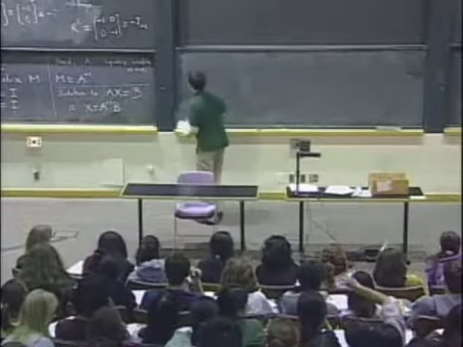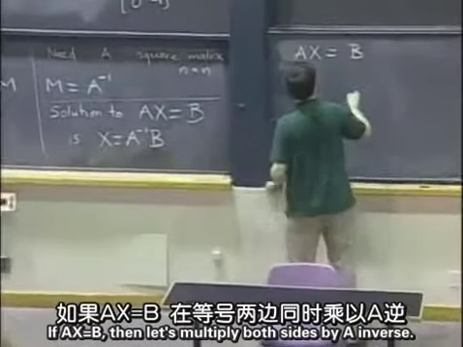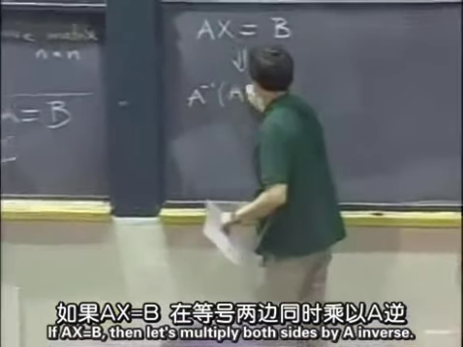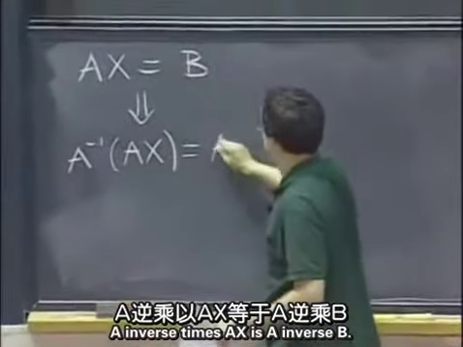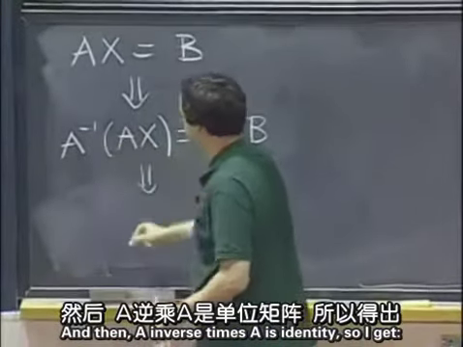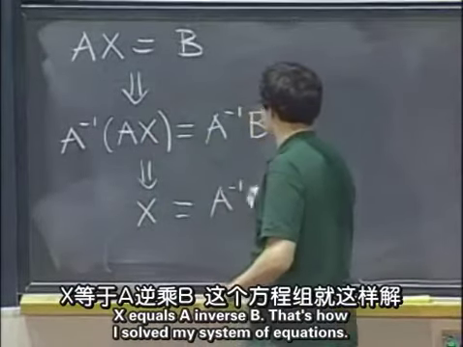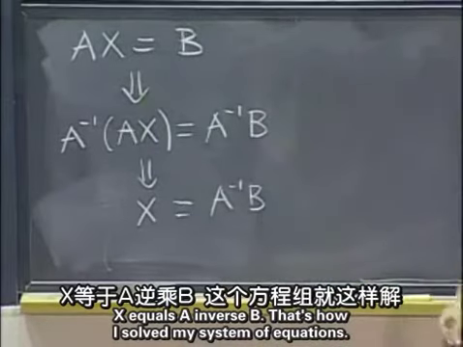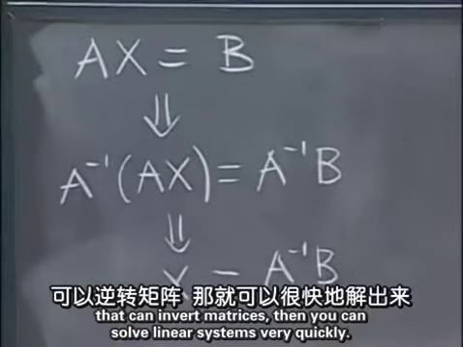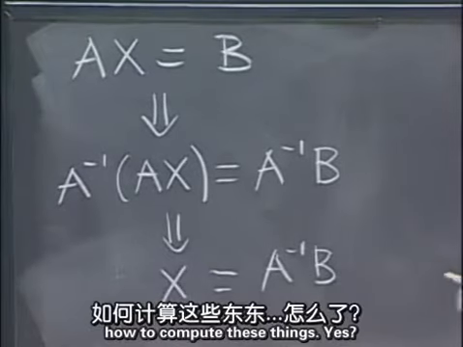I'm saying if AX equals B, then let's multiply both sides by A inverse. A inverse times AX is A inverse B. And then, well, A inverse times A is identity. So I get X equals A inverse B. Okay, that's how I solved my system of equations. So if you have a calculator that can invert matrices, then you can solve linear systems very quickly. Now, we should still learn how to compute these things.